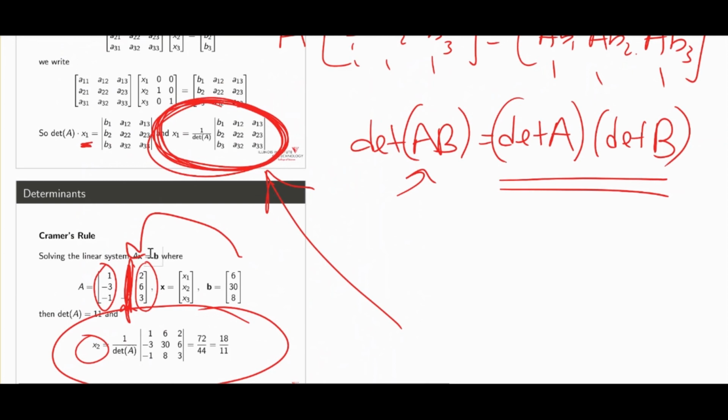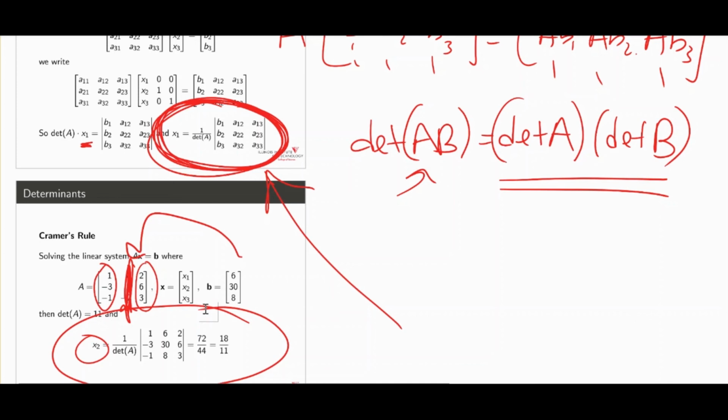I don't want you to be caught by surprise next time you see Cramer's rule in your computer science or engineering class. And actually, in differential equations, you use Cramer's rule somewhere. This is just to tell you that instead of giving people a procedure on row reductions, we can give them a formula.